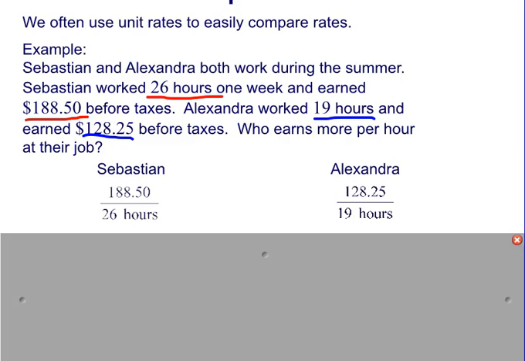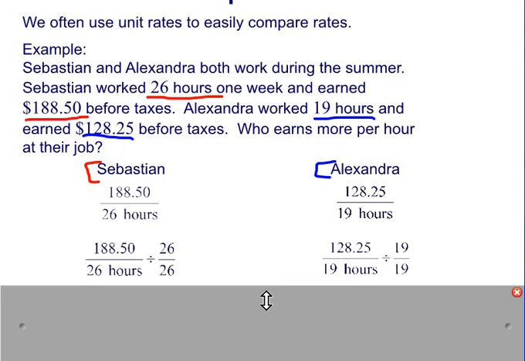So now we have Sebastian with a denominator of 26. We have Alexandra with a denominator of 19. So we're going to need to divide the numerator and denominator by those denominators to get a denominator of 1. So we'll divide Sebastian's rate by 26, and we'll divide Alexandra's rate, top and bottom, by 19.